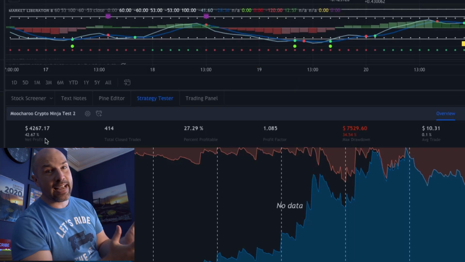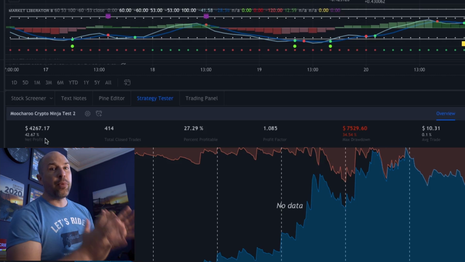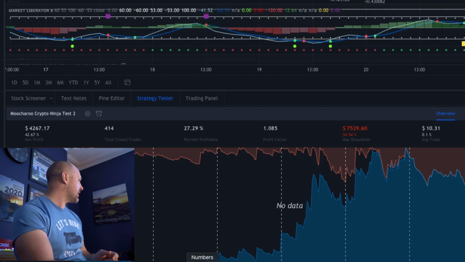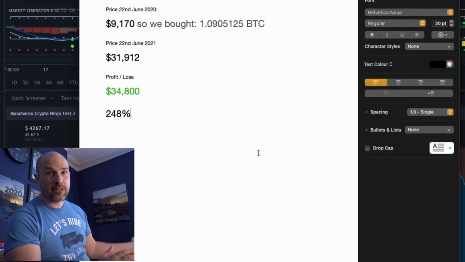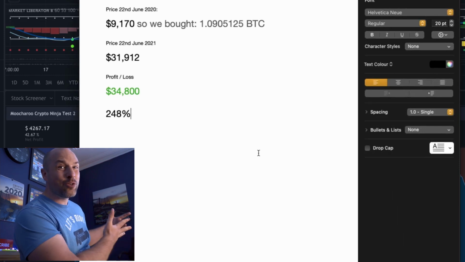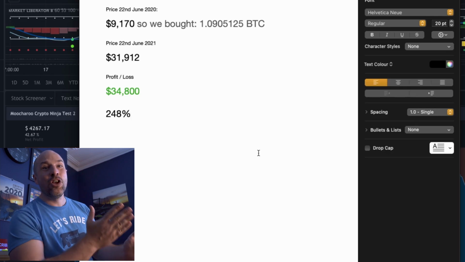We're making a gain, that's fantastic, but it is only 42%, because if we had just stuck with the original, just buying some coins and holding them for an entire year, we'd have made 248%. So basically, we've lost 200% just following that strategy. So it made money, but not as much as if you had just invested.